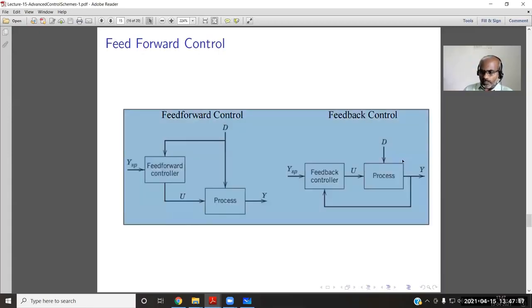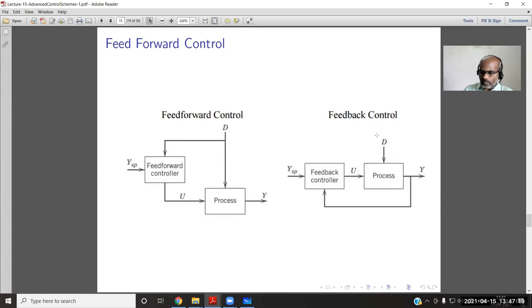Whereas in feedback control, we do not need any model about the disturbance or any connection between the disturbance and the process. We simply measure the output and adjust the flow. Any amount of disturbance can enter, and the disturbance effects will be reduced simply by measuring the output alone.